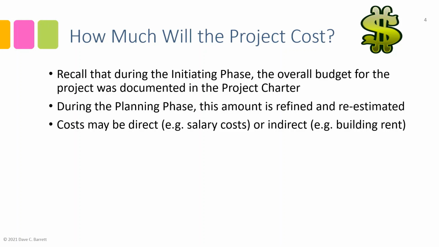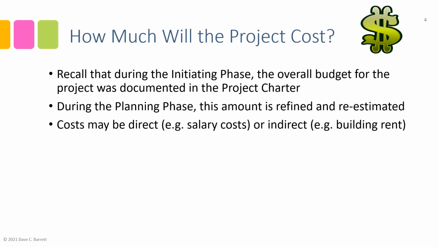Indirect costs, on the other hand, are costs that are incurred but are less immediately obvious. For example, the rent for the building that the project team works in is theoretically a cost that the project is using, but it's indirect.